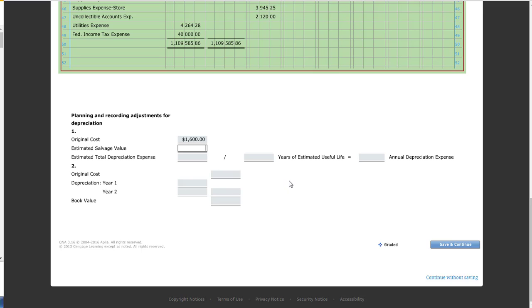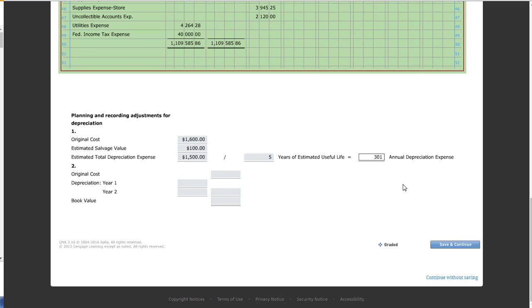Estimated salvage value is $100. So how much total can that printer depreciate? $1,500. We're just doing straight up math. Now, how many years can we depreciate it? 5. So I'm going to take 1,500 and divide by 5. So my depreciation each year is 300.